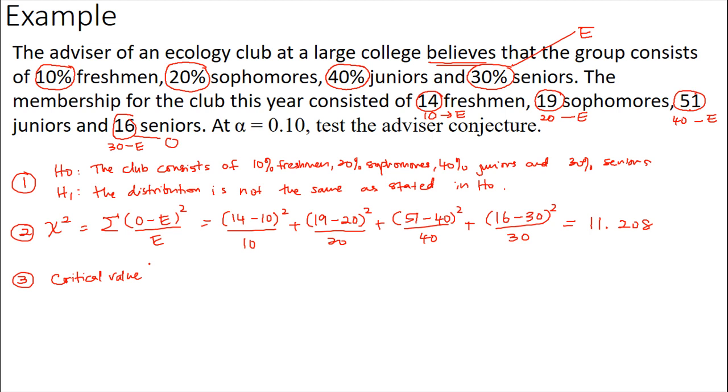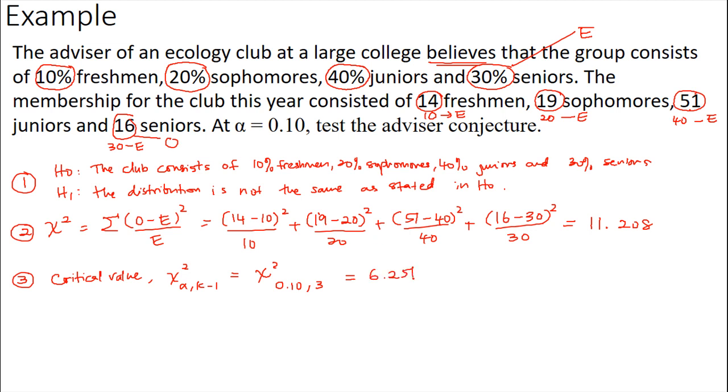Here alpha is 0.10, and the degrees of freedom is k minus 1, the number of categories minus 1. We have 4 categories, so minus 1 is 3. From the table, with alpha 0.10 and 3 degrees of freedom, the critical value is 6.251.